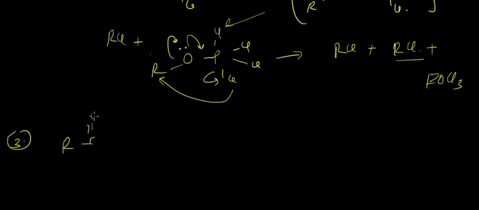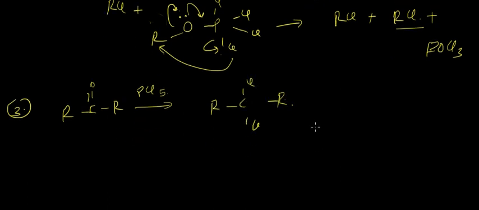So what are the products when we react this with PCl5? So the products would be these. And how does it happen?